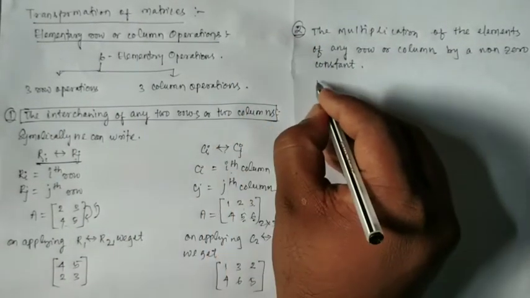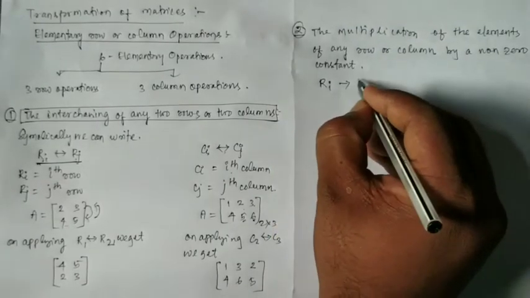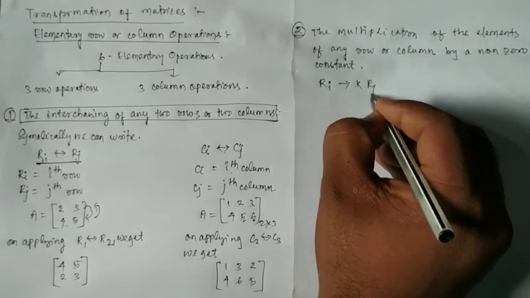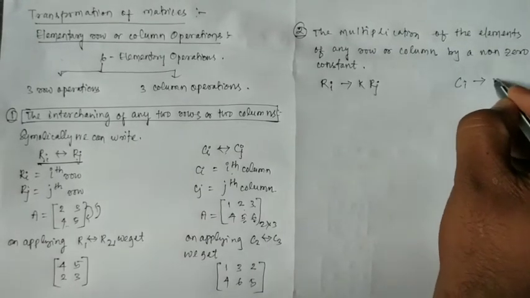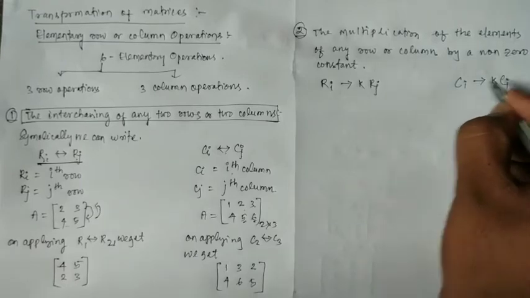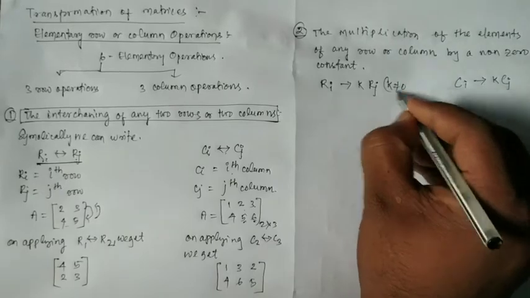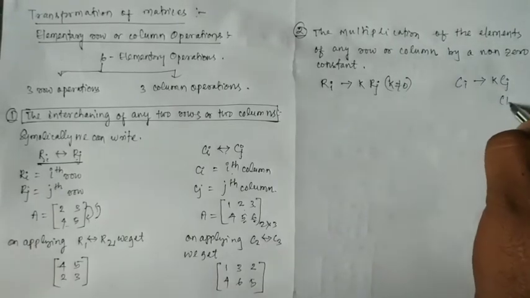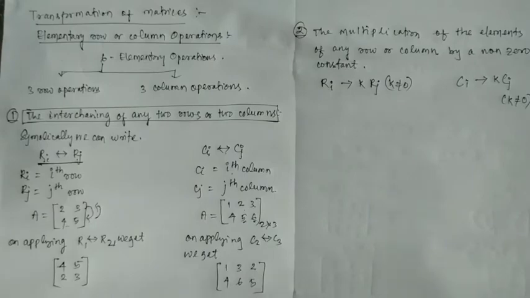That means any row Ri can be replaced by some constant k times Ri. Similarly, any column Ci replaced by some constant k times Ci, where k not equal to 0. Here also k not equal to 0.